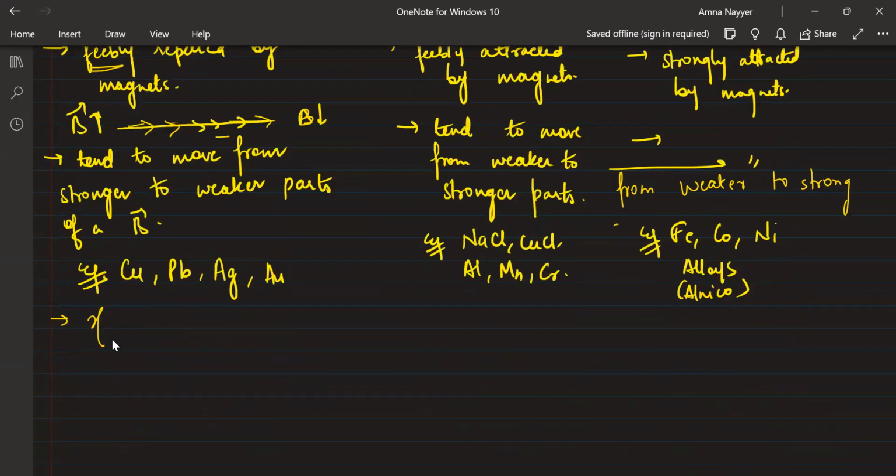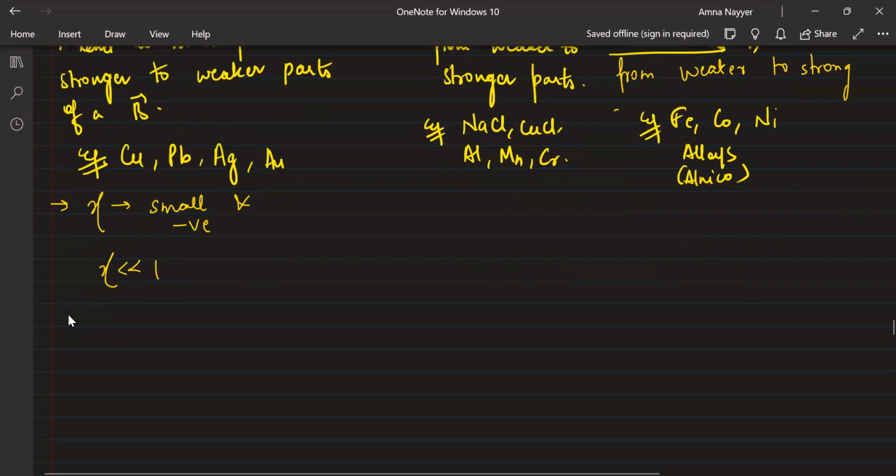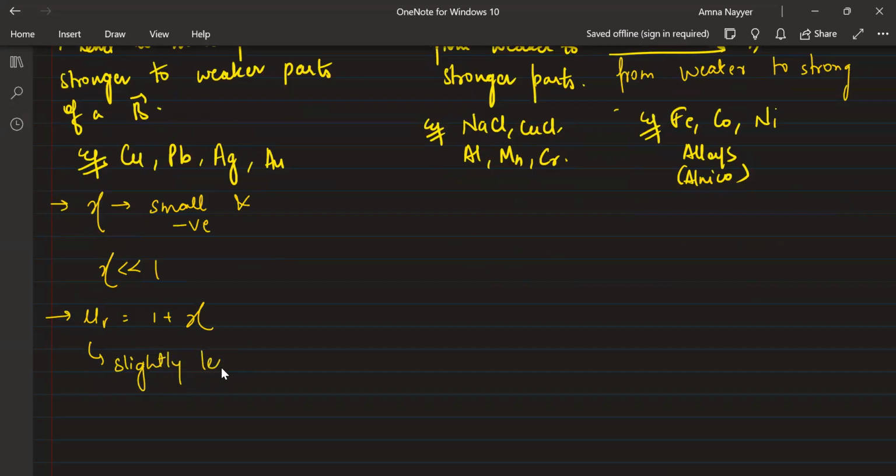When we talk about the susceptibility in diamagnetic substances, it is small and negative, very much lesser than 1. So your mu r, which is 1 plus chi, is slightly less than 1.